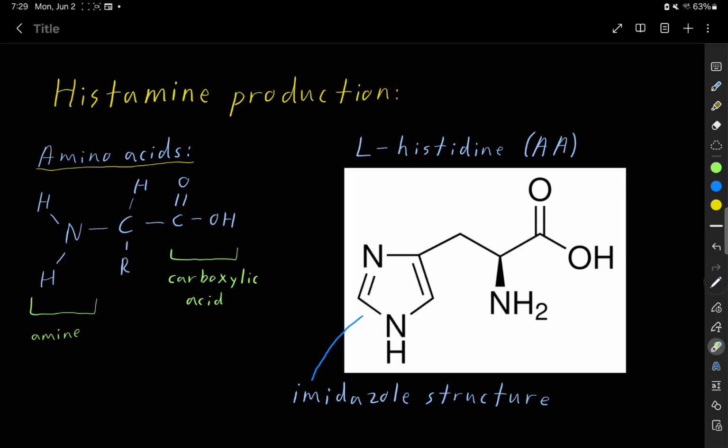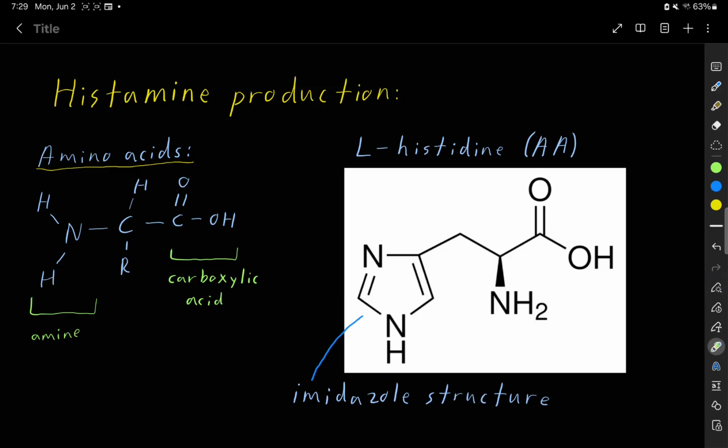And you can see here, this is the general structure of an amino acid. So you have an amine group and you have a carboxylic acid group. Now, the amino in amino acid refers to this amine group, and the acid refers to your carboxylic acid group. So these are the 2 essential components of an amino acid.